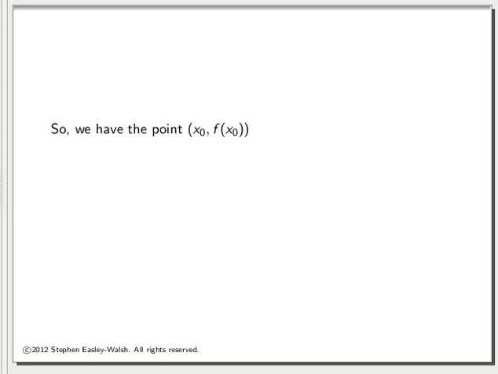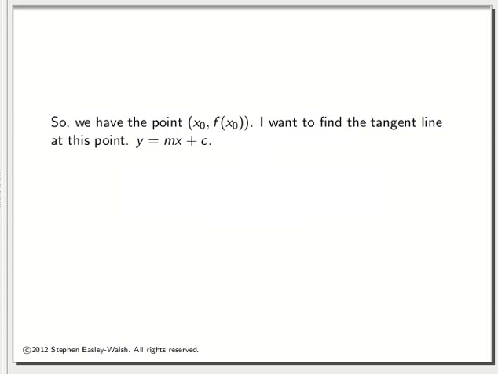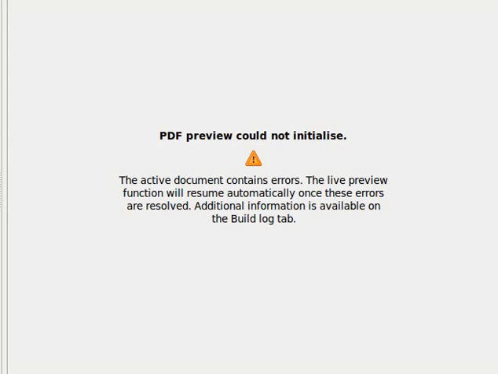So firstly, what's the equation of a tangent line? y equals mx plus c. So I'm looking for the tangent line, y equals mx plus c. So let's try and find that. Firstly, the m.